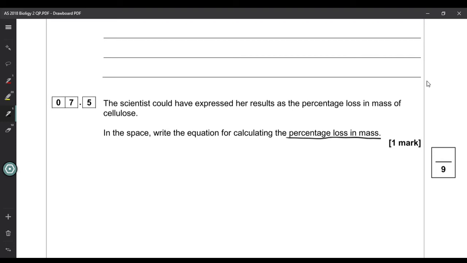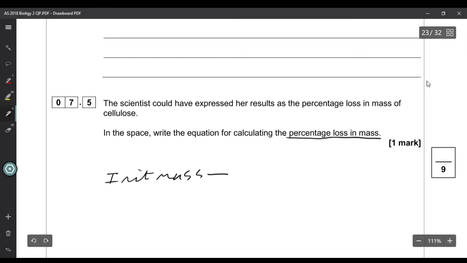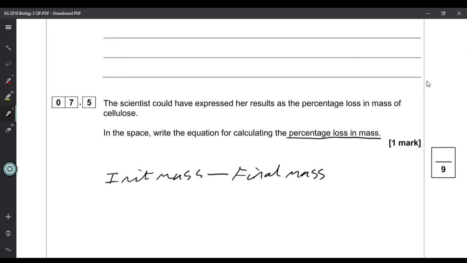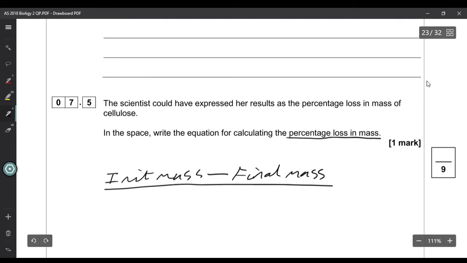That would be the initial mass minus the final mass. So that will give us the loss in mass. And because we want it as a percentage, we divide that by the initial mass and multiply by 100.